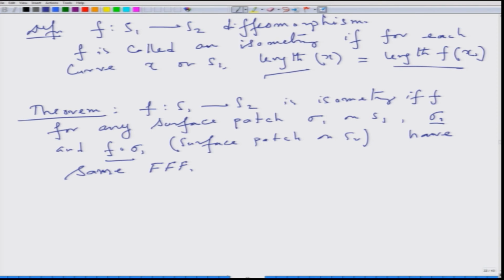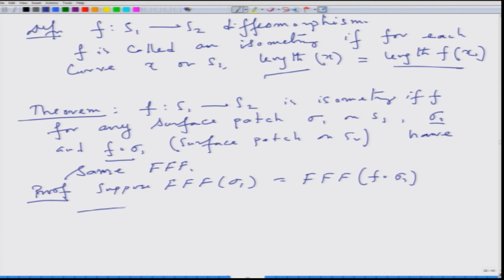Okay. So, let us quickly try to see the proof. First part: suppose the FFF of sigma 1 is the same as the FFF of f composed with sigma 1.